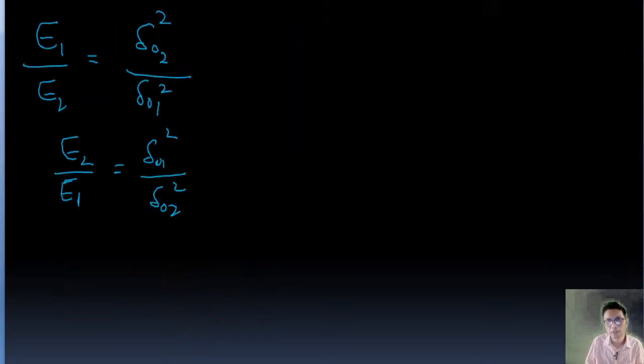So from here we can find this out. We can write directly E2 upon E1 is going to be sine square delta naught 1 upon sine square delta naught 2, right?